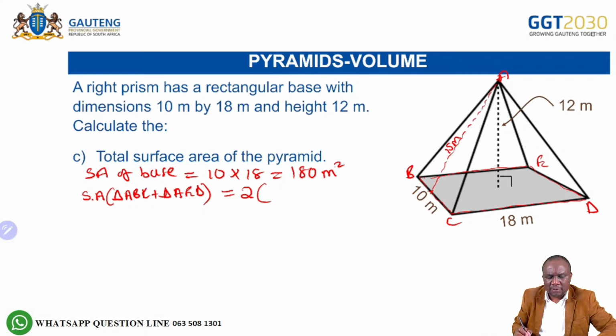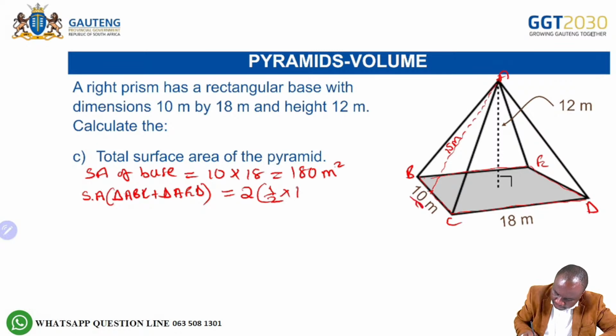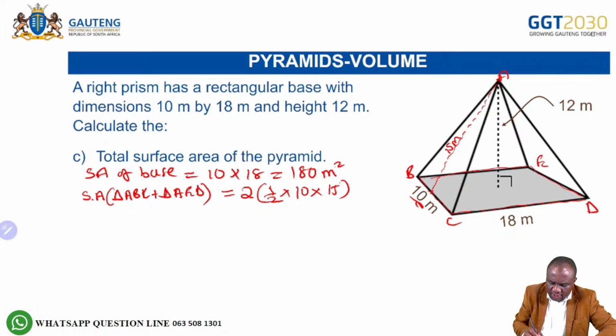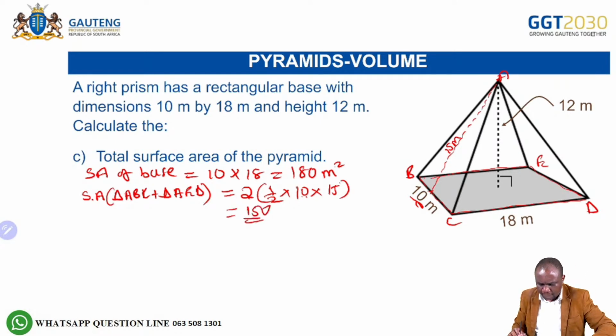So it's going to be half times base times height, which is half, then the base is 10, this 10, and then times height, which is 15, right? And then you can put this in the calculator. What do you get? 2 times half times, it should be 150. This should give us 150. All right, 150, because 2 and half will give us 1. 10 times 15 is 150.